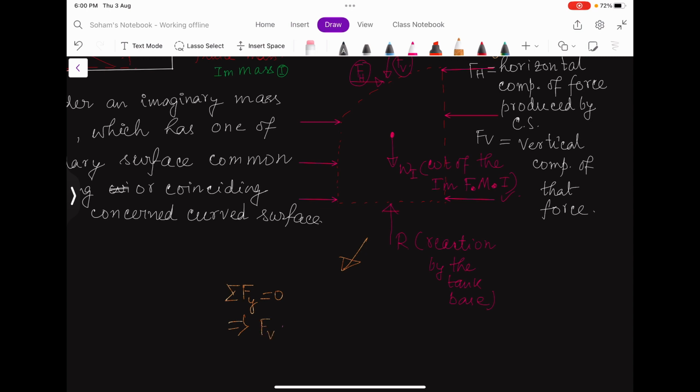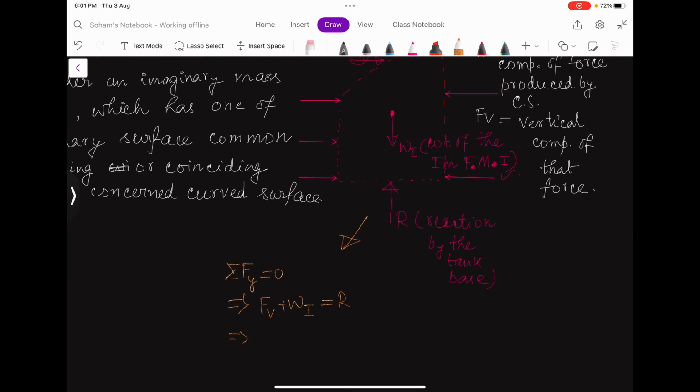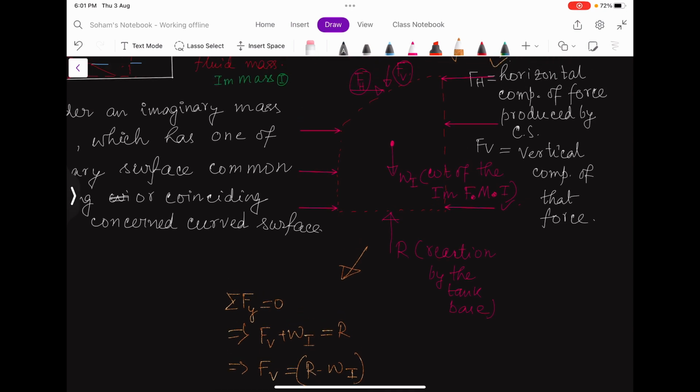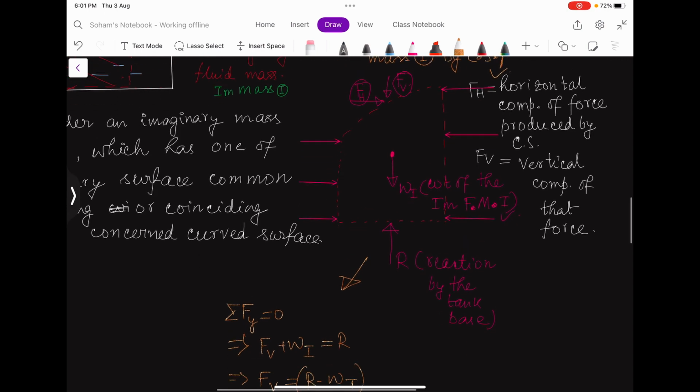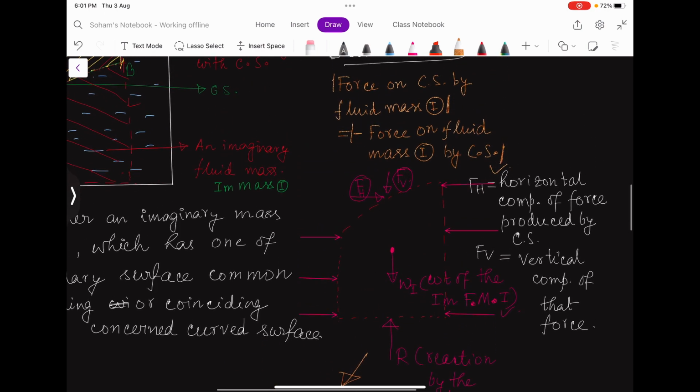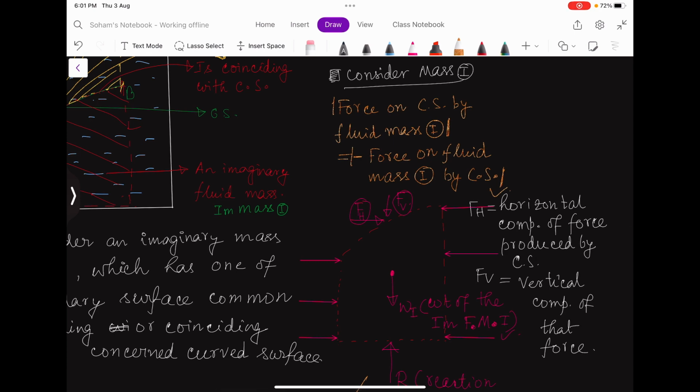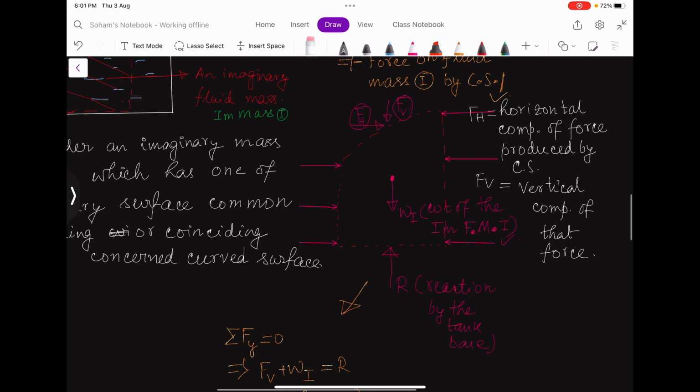That means Fv and W1 are acting in the same direction, and that will be equal to R. That means Fv equals R minus W1. W1 can be known because it is nothing but the volume of this portion multiplied by the density, right? But what about R?